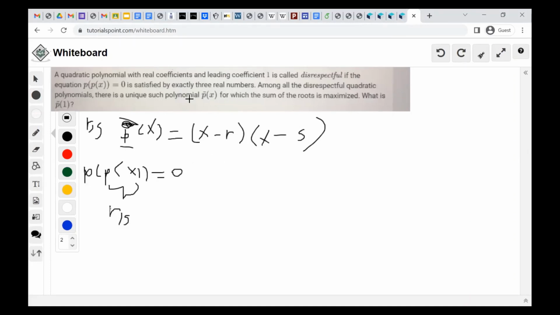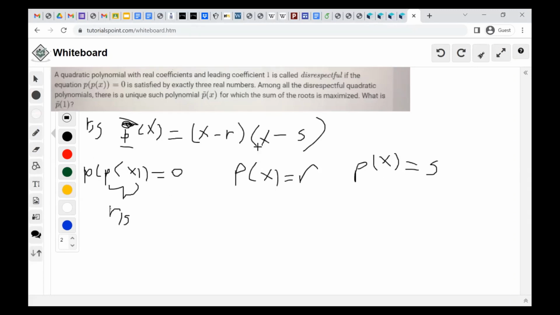So if it's satisfied by exactly 3 real numbers, then we have P of x equals r and P of x equals s.